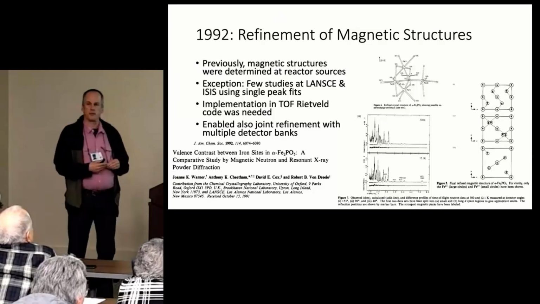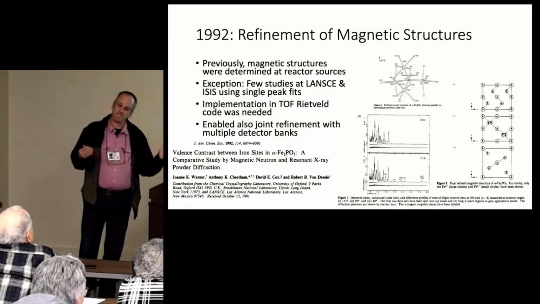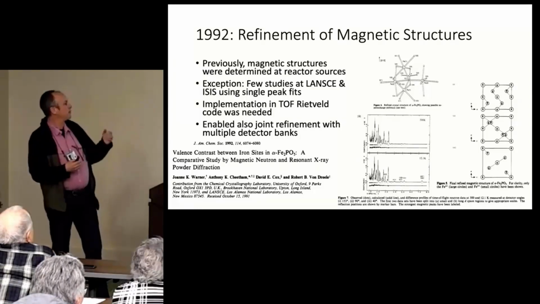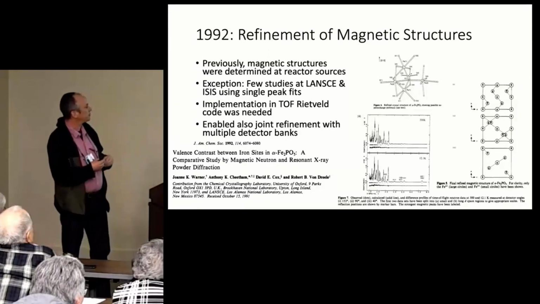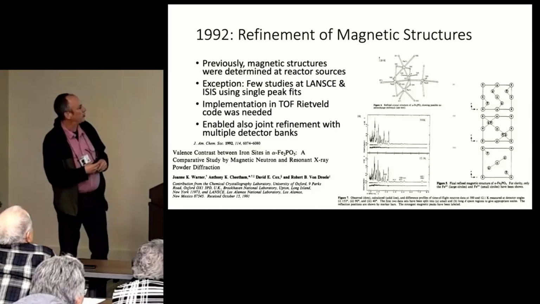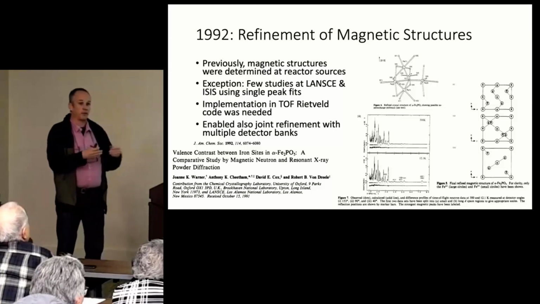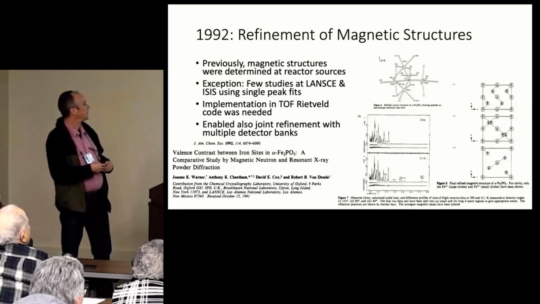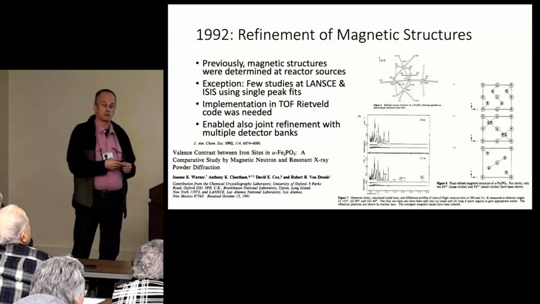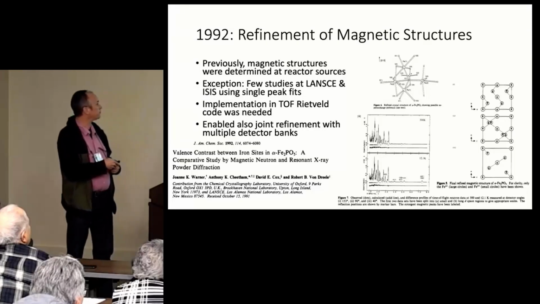We always wanted to do magnetic texture measurements. That never happened, but maybe there's something for the future that we still can do. So there's this, I believe, the first paper on the magnetic structure of an iron phosphate. We heard about iron manganese phases earlier, where Bob applied GSAS to solve magnetic structures.